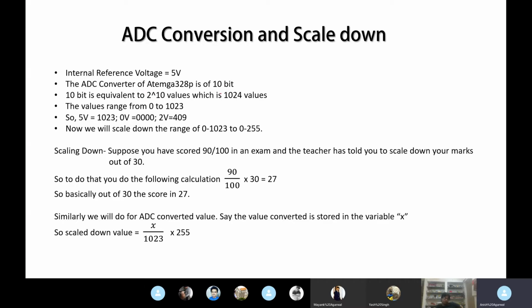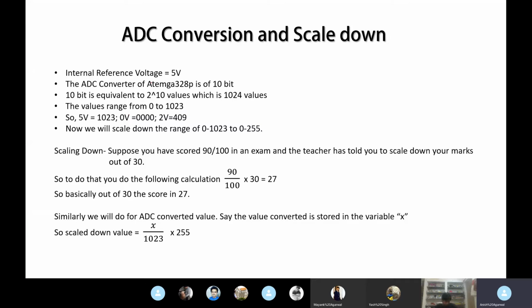So for ADC conversion, the microcontroller can divide the voltage into 2 to the power 10 values. So 10 bit is equivalent to 2 to the power 10, which is 1024 values. So the range of the count goes from 0 to 1023.